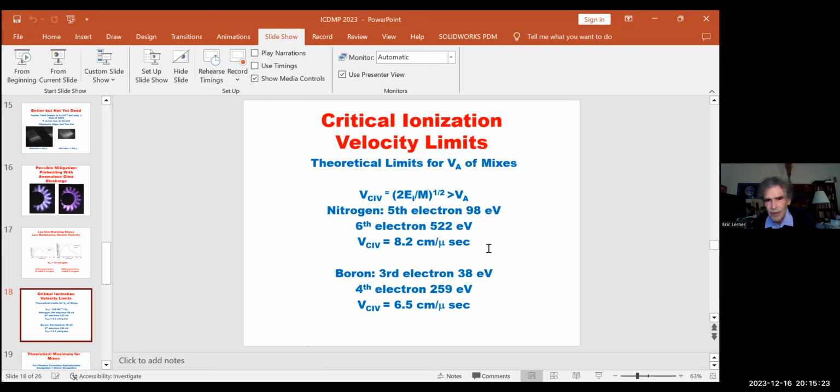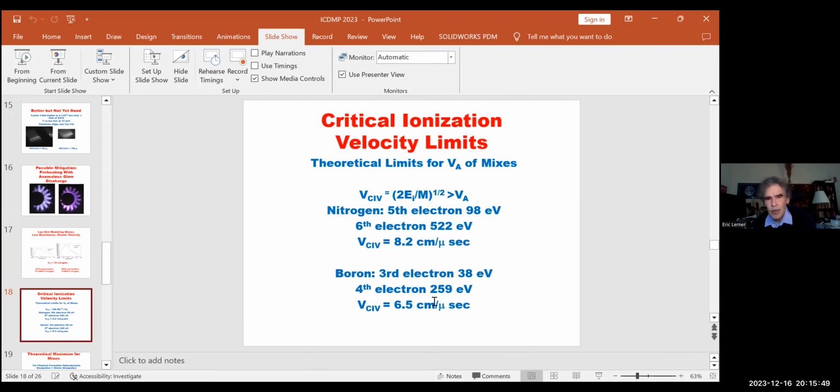As Alfvén demonstrated decades ago, if you exceed this, you start necessarily ripping off those inner electrons. So that's going to be even more of a problem with boron, because its critical ionization velocity for the 4th electron is only 6.5 centimeters per microsecond.